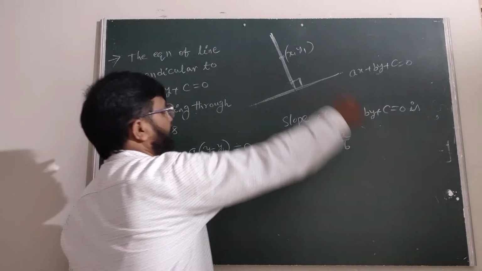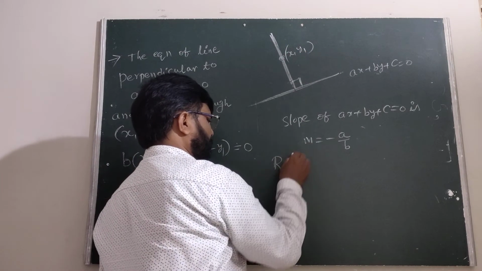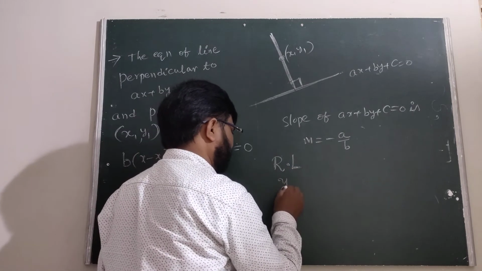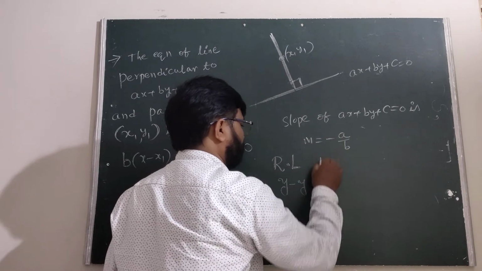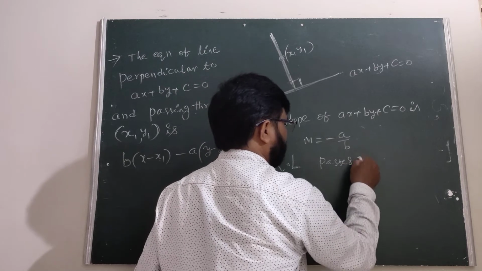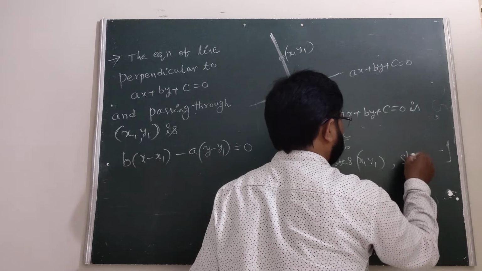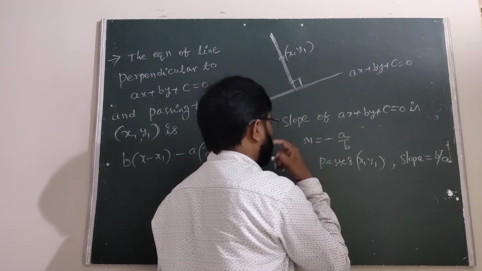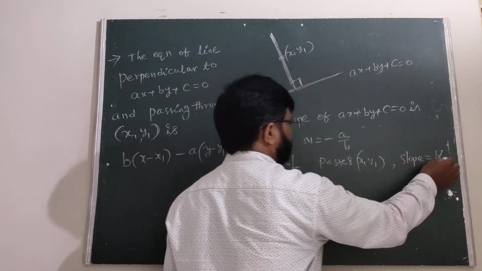Therefore the required line is passing through the point (x1, y1), and the slope is b/a. We take the perpendicular slope by taking the opposite sign and the reciprocal, which is b/a.